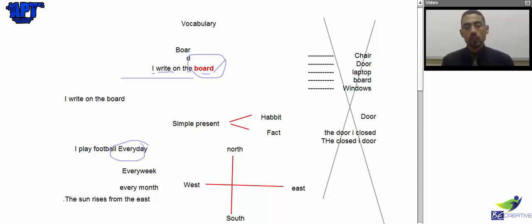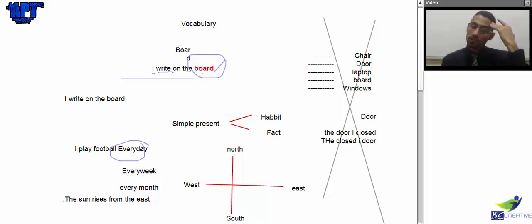You see? That was, for example, a daily routine. We talked about my actions that I do daily using the present simple. So again, the present simple is not for now, it is for habits and actions. That's the thing you need to understand.